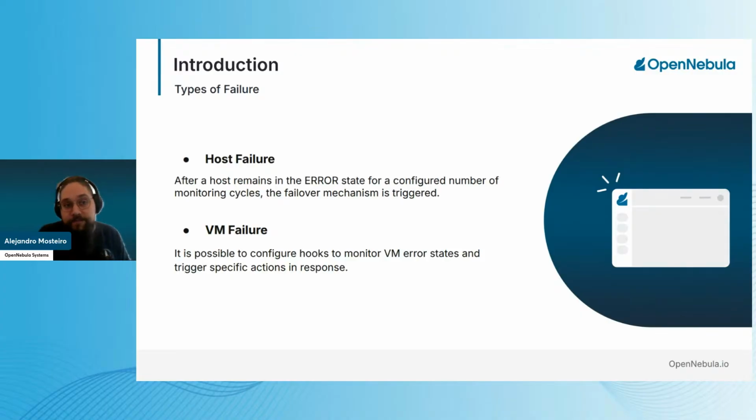In case of virtual machine failure, it would be possible to also configure hooks to monitor the VM state instead of the host state, and also execute scripts responding to this failure.